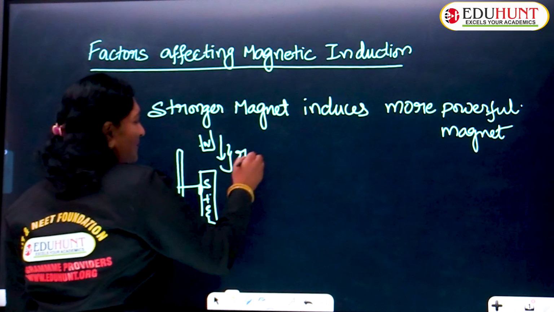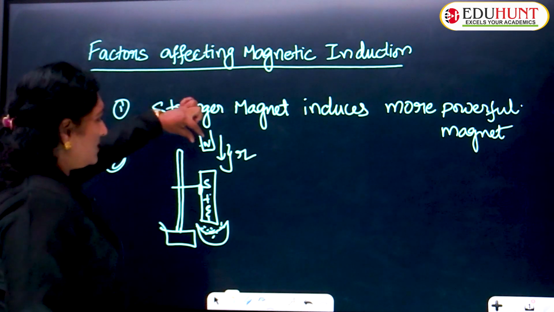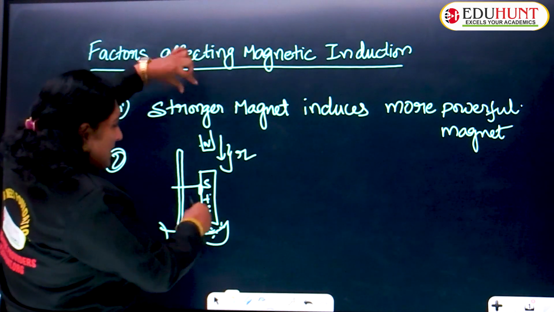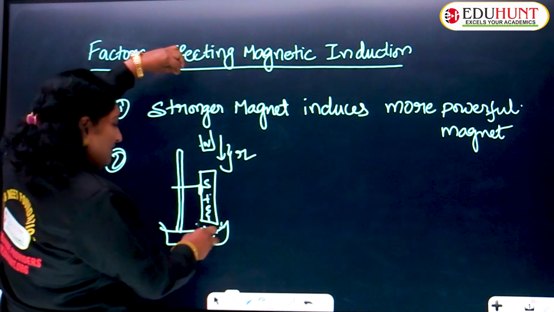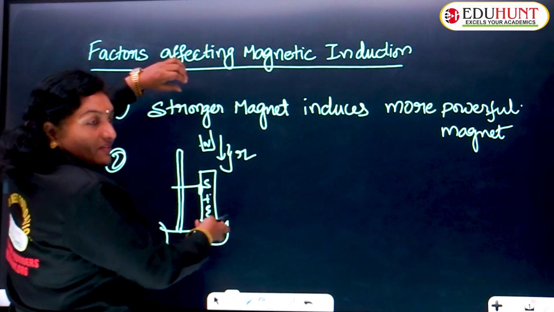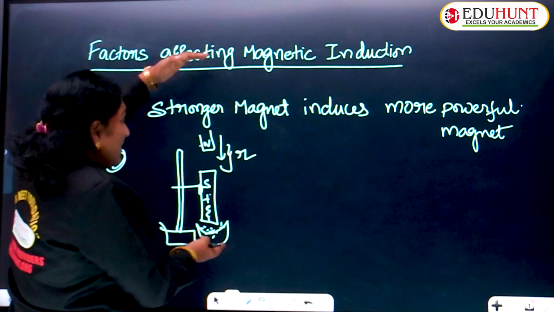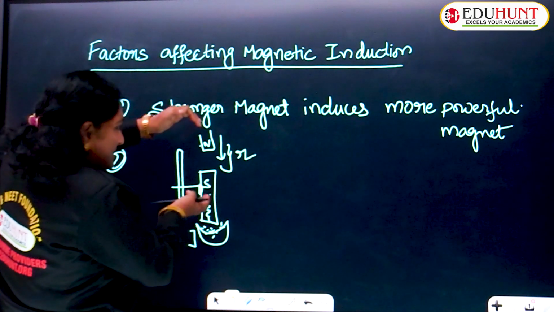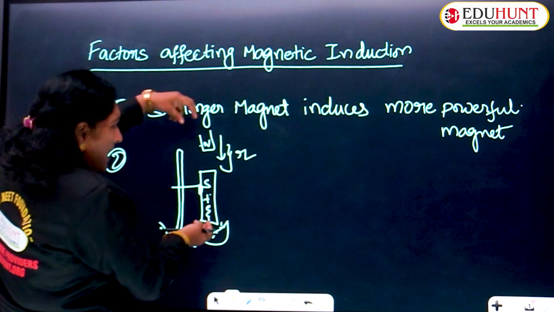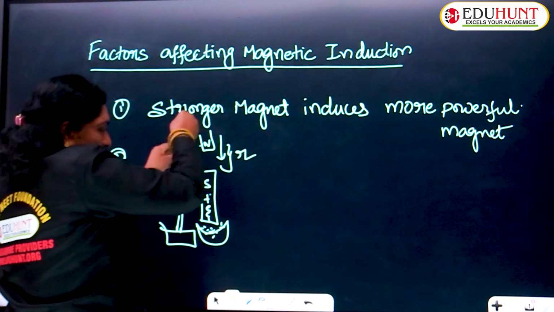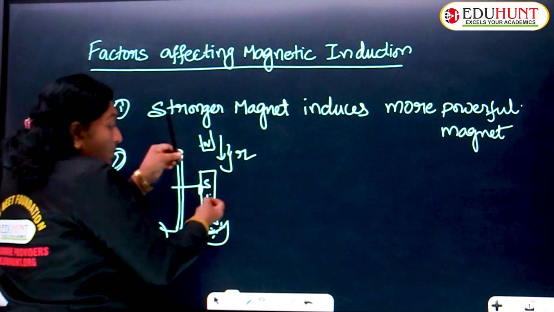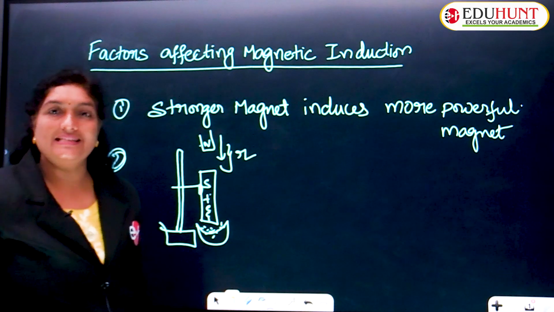Suppose the distance between them is r. If the bar magnet and the steel bar are very far apart, very few iron filings get attached. Whenever the distance is reduced, as the bar magnet approaches the magnetic material, more iron filings get attached.